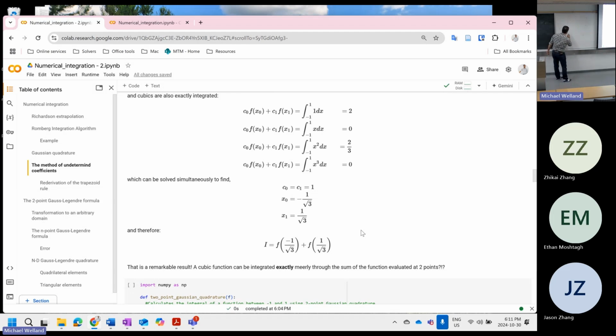So given that this is -1 to 1, all you have to do is evaluate at -1 over root 3 and 1 over root 3. And you add up these two function values and any kind of weirdo cubic, I guess that wouldn't be a cubic, solves exactly 100%, which is kind of neat, right?